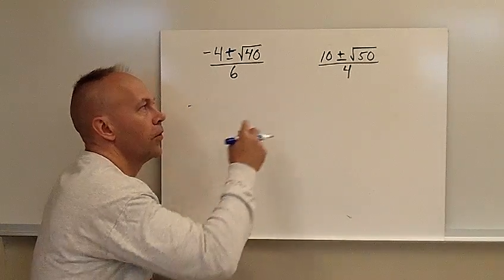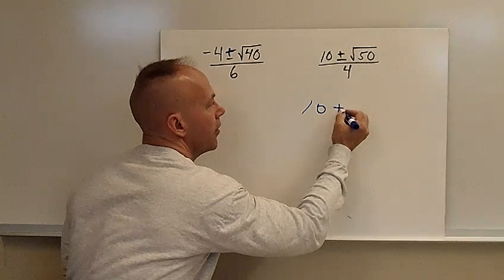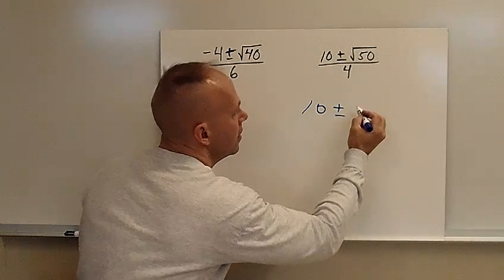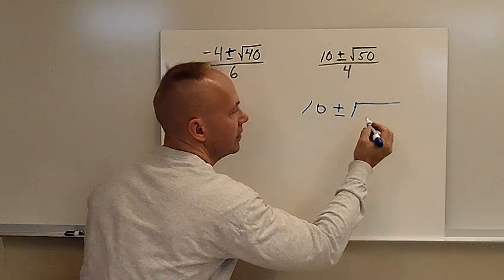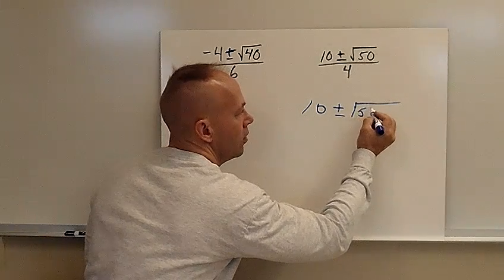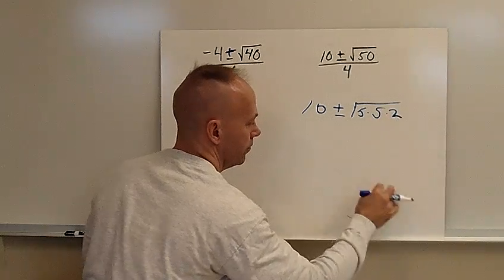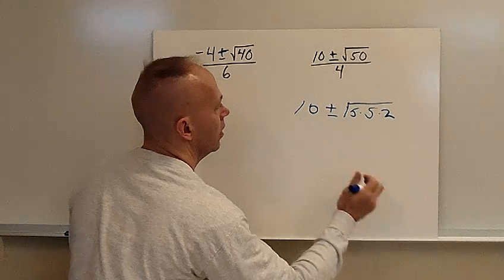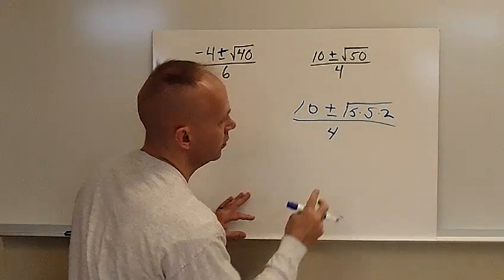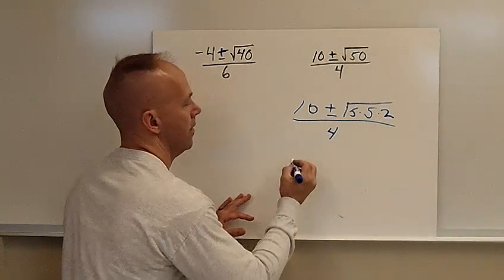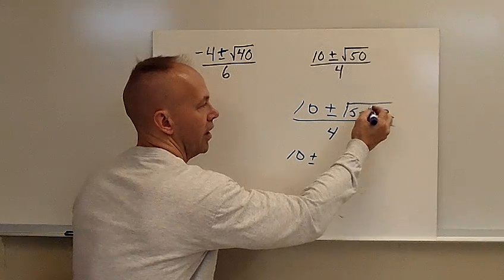What did you do? Well, hopefully you simplified that radical first. And let's see, I'll do this a slow way. 50 is 5 times 10, or 5 times 5 times 2. And that's all over 4. Those are a pair of ugly 5s. Then, well, let's see, I got a pair there.